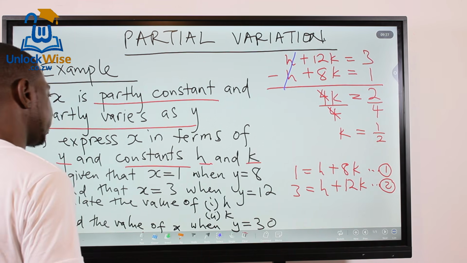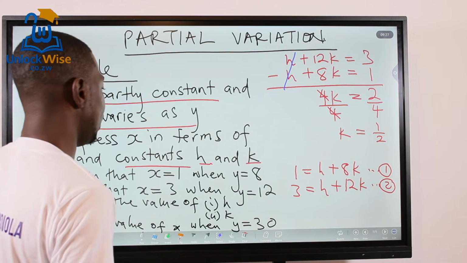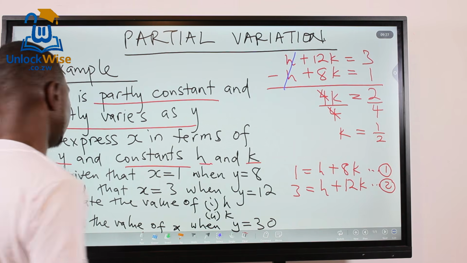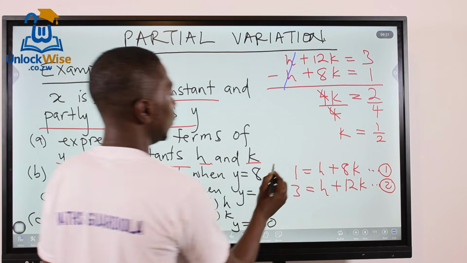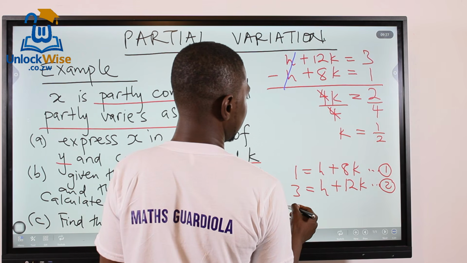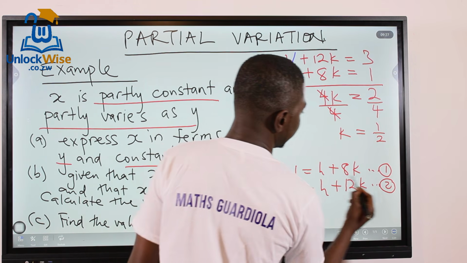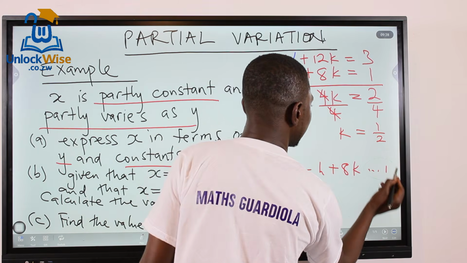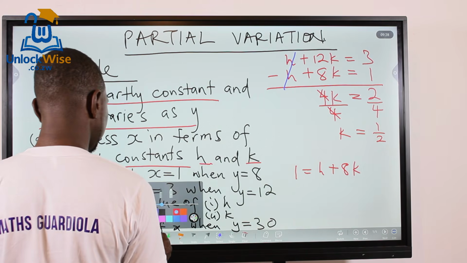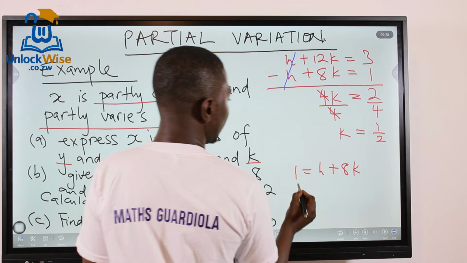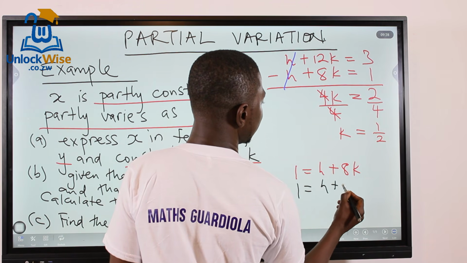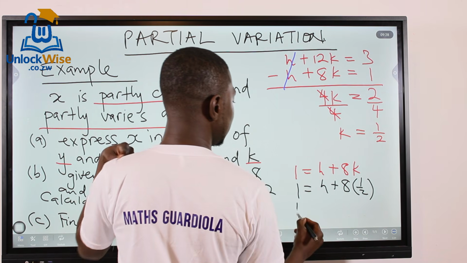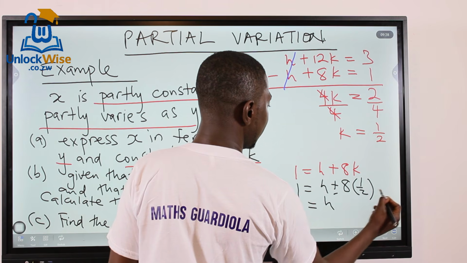I also want to calculate the value of h, so let me use this one. 1 is equal to h plus 8 times the value of k, which is half, so I'm just going to get h here.